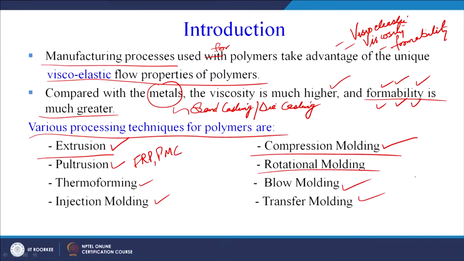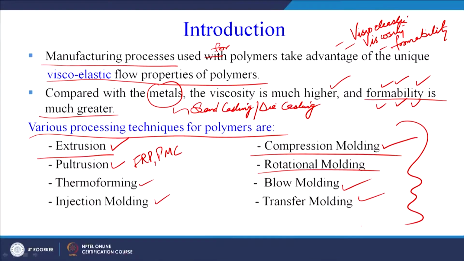Injection molding, transfer molding, and there can be additions to these processes. Because it is easy to melt and form the polymers, there are a number of processes which can be used for processing of polymer parts. That is the brief review of processing of polymers.